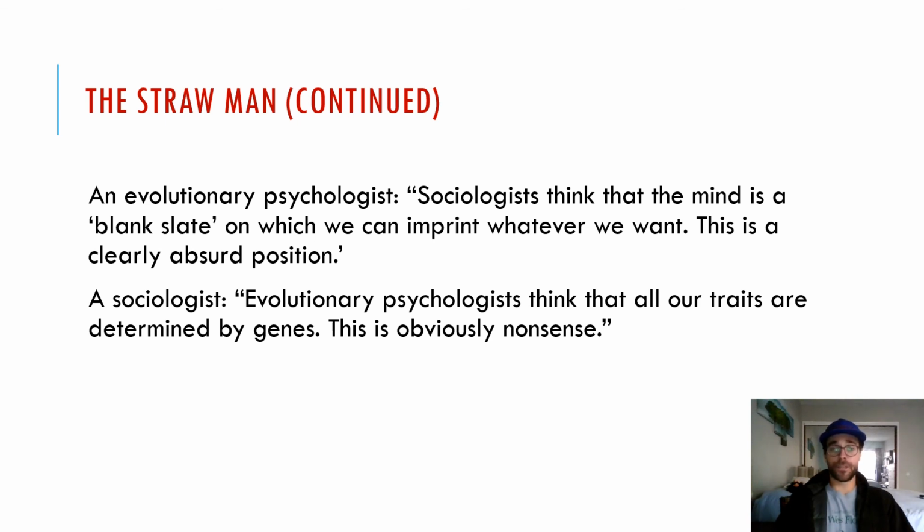Sociologists do think that we're a blank slate, but don't believe we can imprint whatever we want. Similarly, evolutionary psychologists think that our traits are determined by genes, but not all of our traits. And so by suggesting that these two groups think what they think as written here, we are misrepresenting them and showing why the position is absurd. If we were to accurately represent these two groups, we would see that their positions are actually very similar.